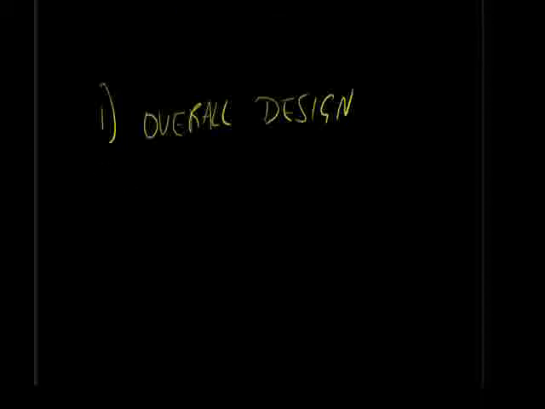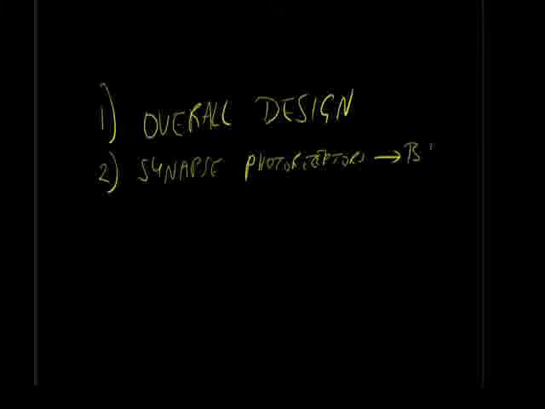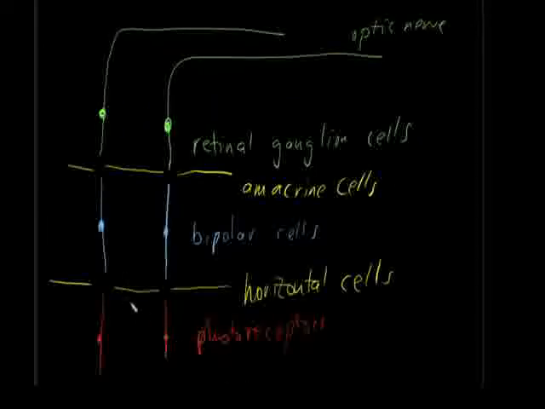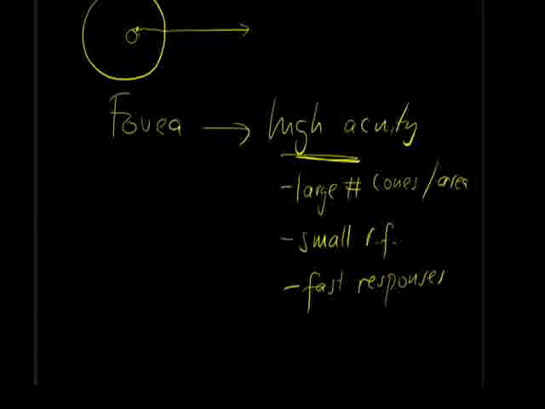Next thing we want to look at is the synapse from the photoreceptors to the bipolar cells. So we're now going to focus on this synapse here. The first thing to say about this synapse is that it's mediated by glutamate.